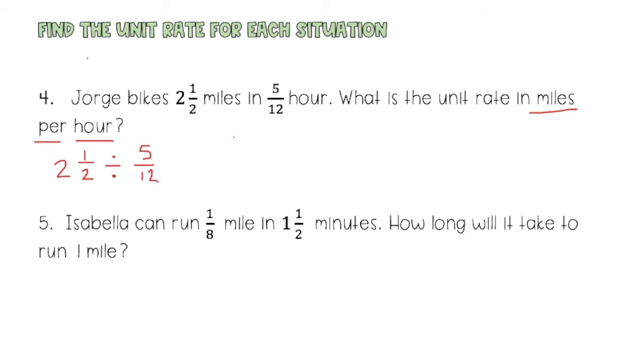Before I am able to solve and divide my fractions, I want to take my mixed number and turn it into an improper fraction. So I'm going to rewrite this. I'm going to multiply my denominator and my whole number. So 2 times 2 equals 4, plus 1 will give me 5. So my new fraction is 5 over 2 divided by 5 over 12.